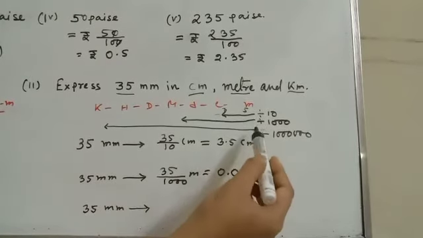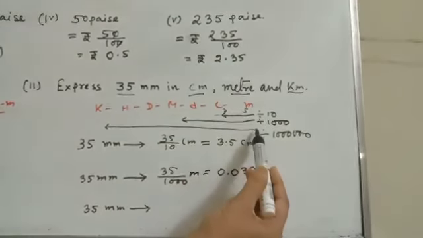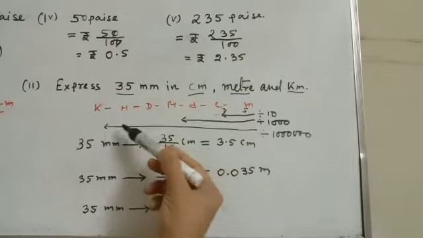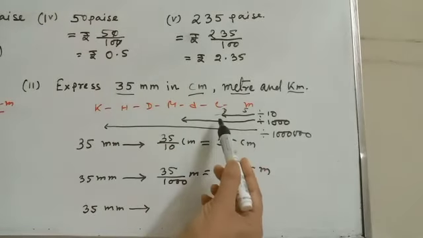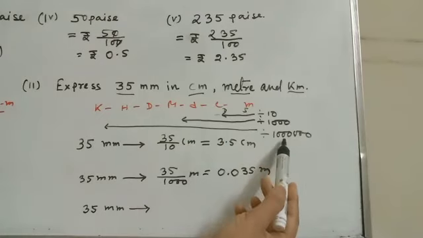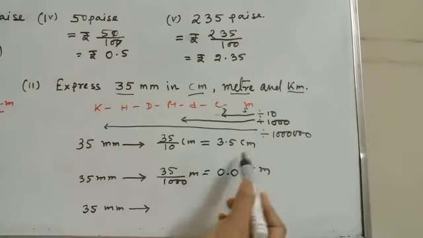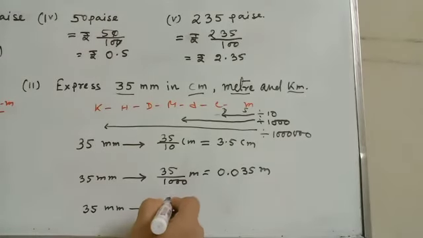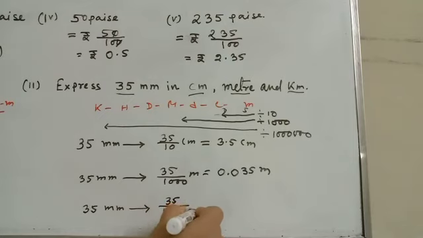Last one is 35 millimeter. You need to convert it into kilometer. From 35 you are coming to the left side, so how many places are you dividing? 1, 2, 3, 4, 5, 6. So 6 zeros you need. Now it has become kilometer.